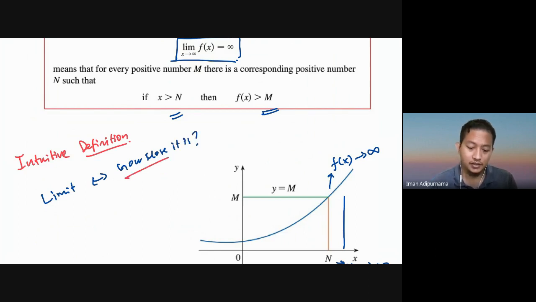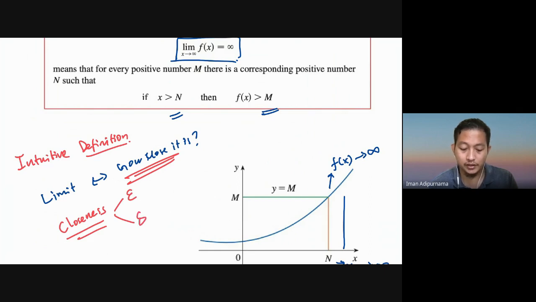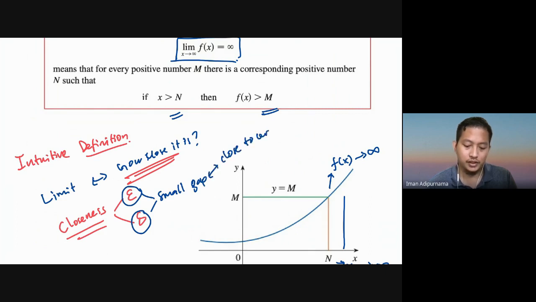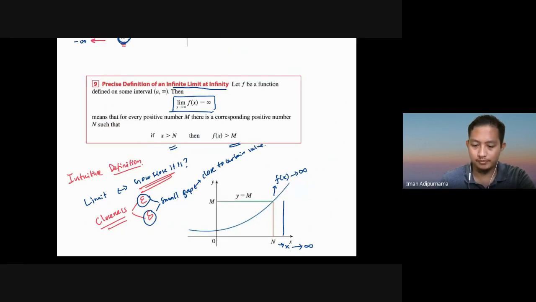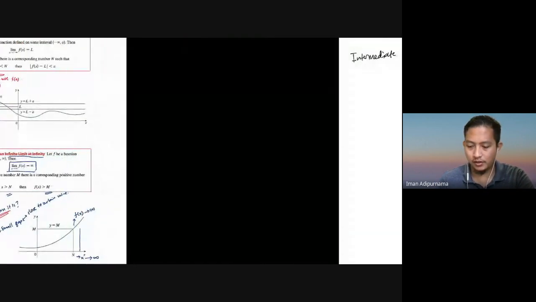Then in the precise definition of closeness, we have the symbols epsilon and delta. If you watch my additional lecture on the epsilon and delta definition of limit, this is just to show you that there is a small gap to show that it's close to a certain value.